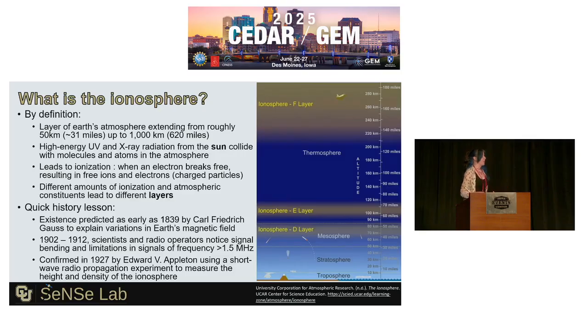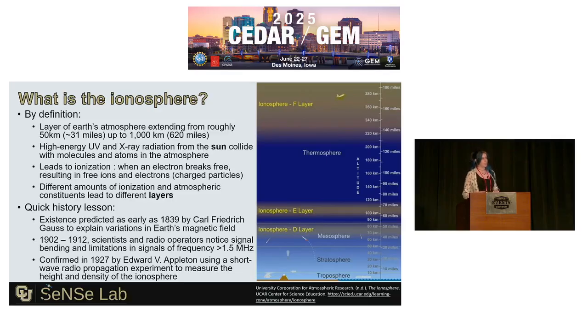What is the ionosphere? By definition, it is a, quote, layer of the atmosphere that stretches from 50 kilometers all the way up to 1,000 kilometers. This is the layer that I like to say absorbs the sun's radiation and protects us from it, but it's just the layer that interacts with the high energy UV and X-ray waves from the sun, and they interact and collide with the molecules and the atoms in the atmosphere and lead to ionization.